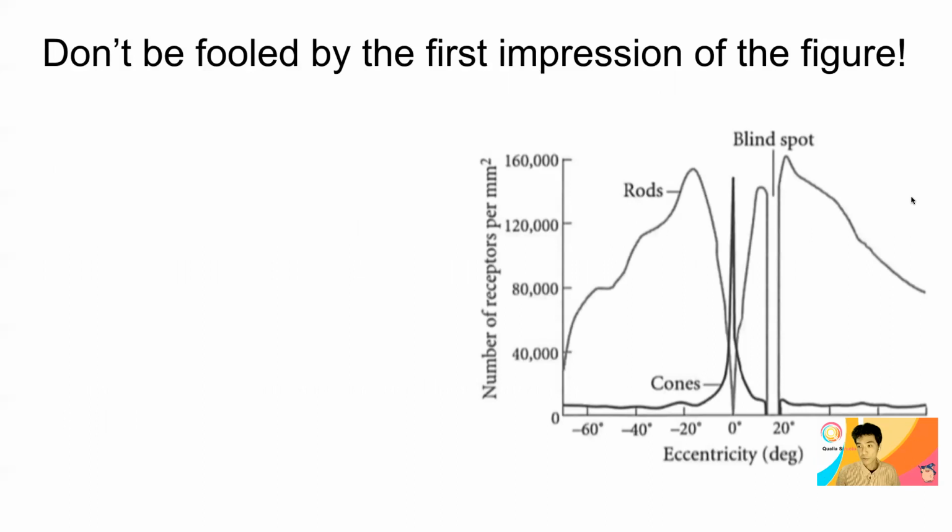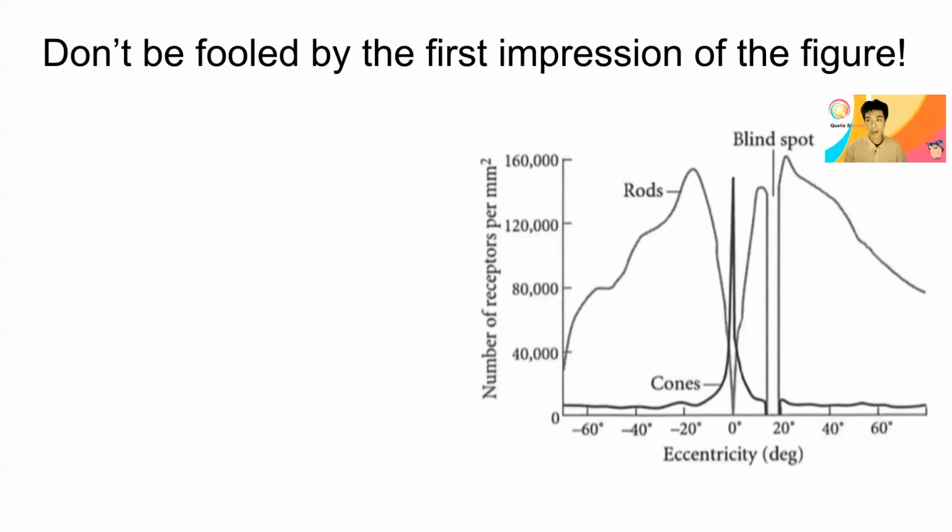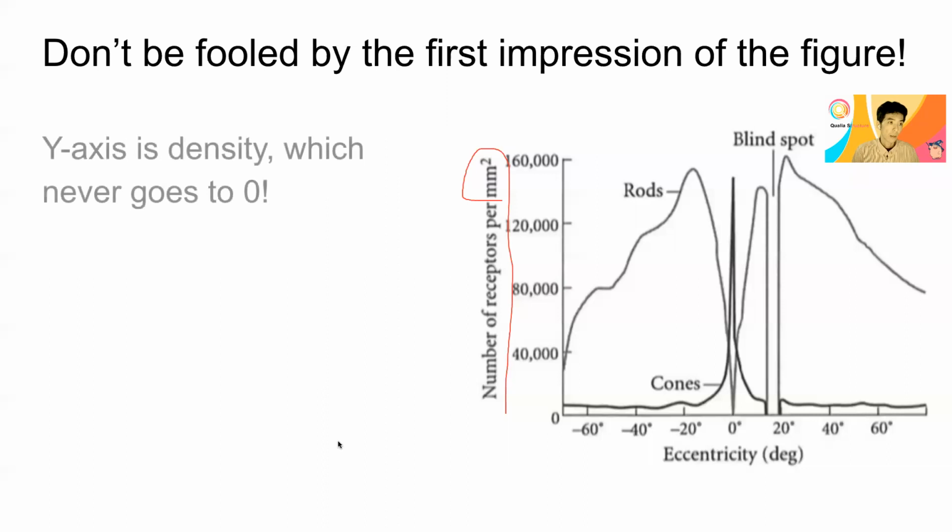And to come back to this misleading figure, I'll just make one point. In general, this figure is not really explained in many psychology or neuroscience textbooks. One issue is that the y-axis here is the density, the number of receptors per square millimeter. Another thing to notice is that it doesn't go to zero. Zero is here.